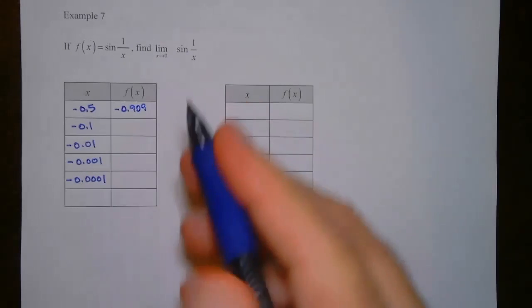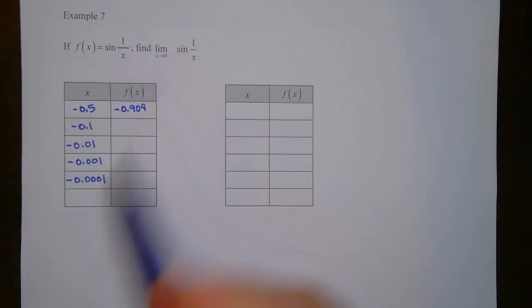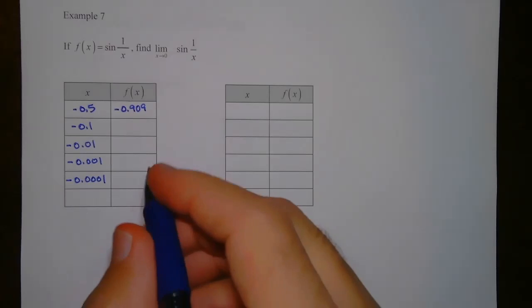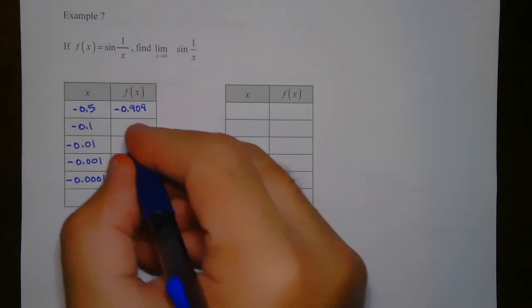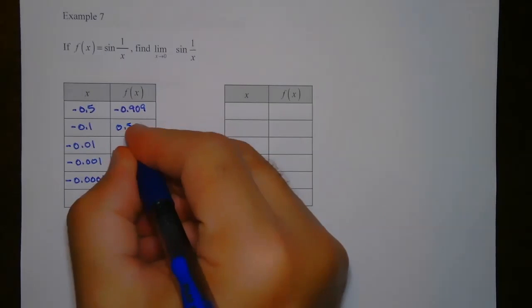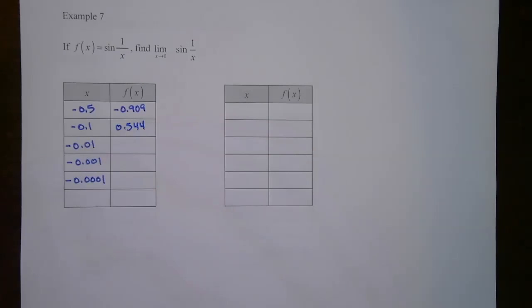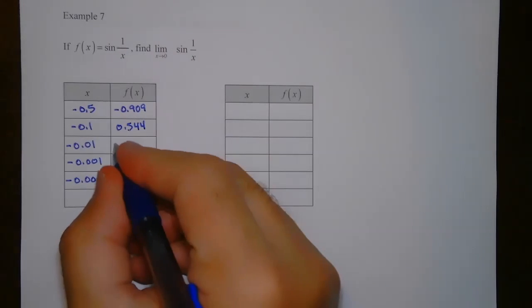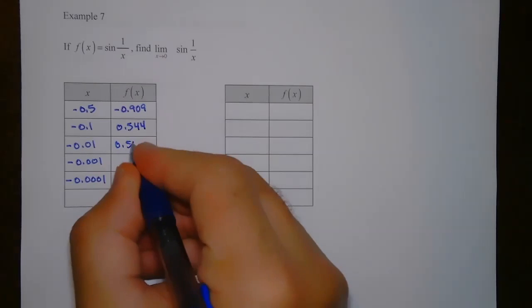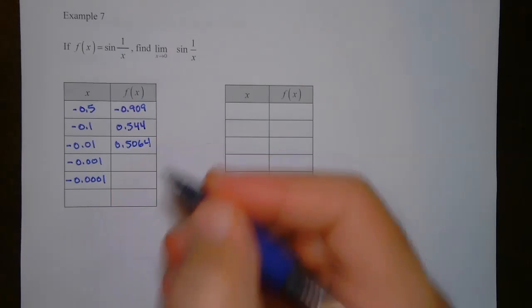0.909. Once again, I need to say this because we're dealing with trig functions, your calculator needs to be in radians, okay? I'm going to say that a lot because I don't want the mistake of you had it in degrees, okay? So negative 0.1, and you get a positive 0.544. And then negative 0.01, and you get 0.5064.